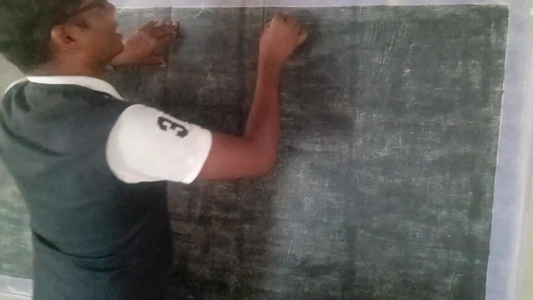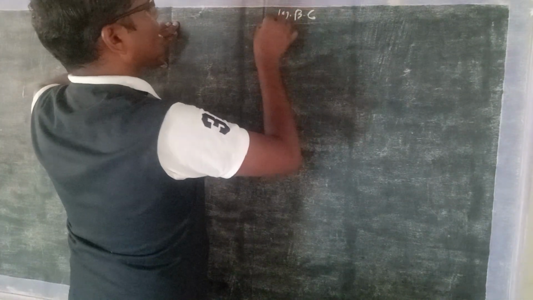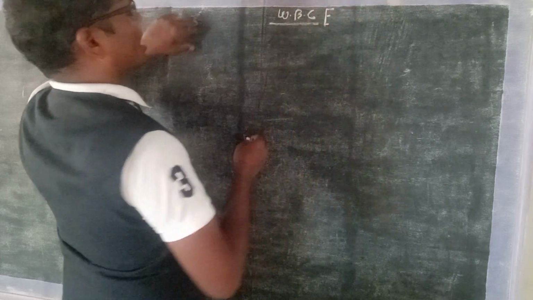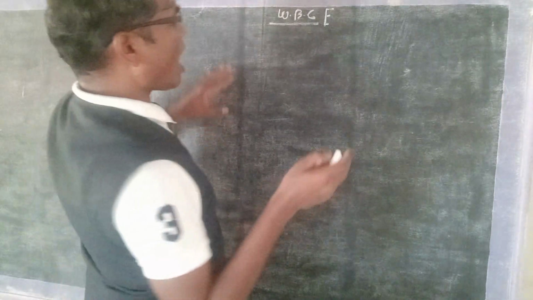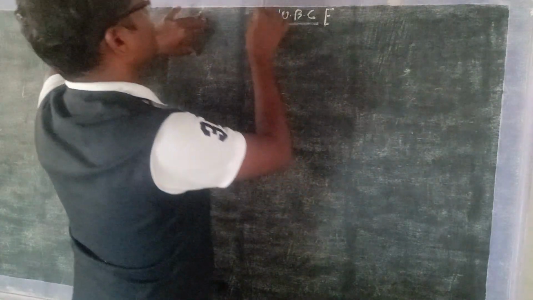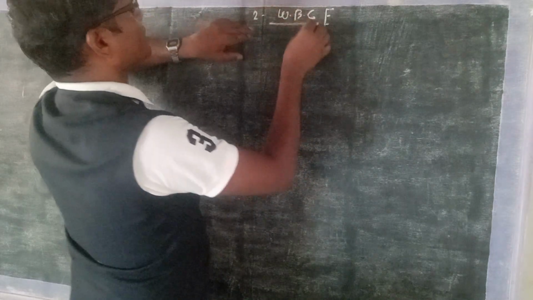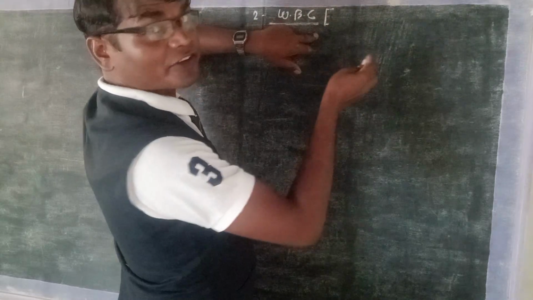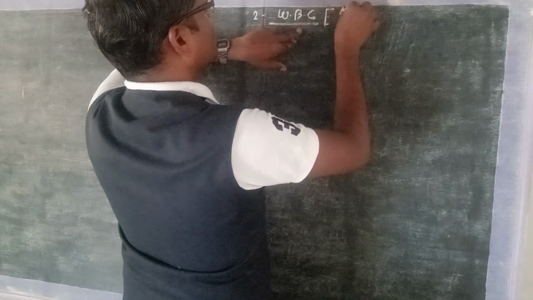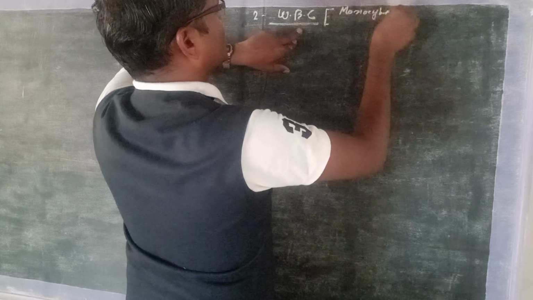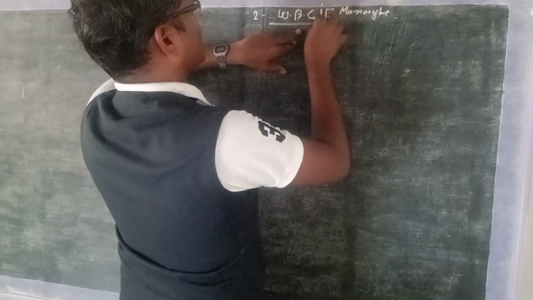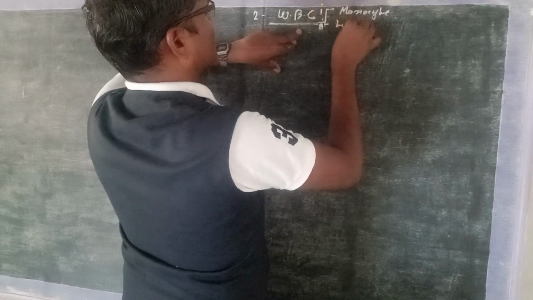So listen carefully. As we earlier mentioned, WBC is the second part of the blood corpuscle cells: RBC, WBC and platelets. So WBC is the second part of the blood's corpuscle cells. Here WBC differentiates into two parts: the first is called monocyte, and the second is lymphocyte.